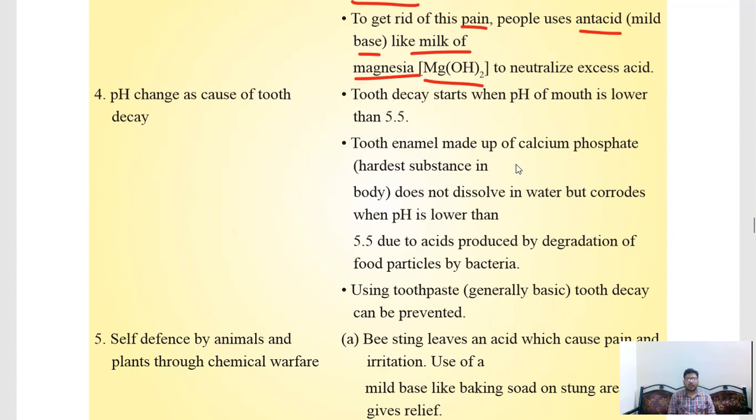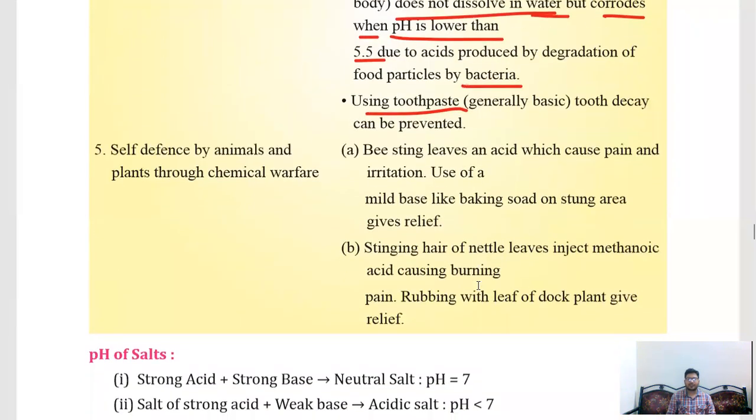Tooth enamel, made up of calcium phosphate, is the hardest substance in our body. It cannot be dissolved in water, but it corrodes when pH is lower than 5.5, due to acids produced by bacteria. How to prevent? Using toothpaste. Daily we need to brush twice.